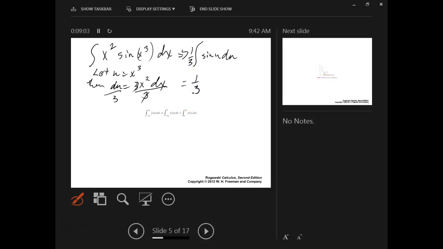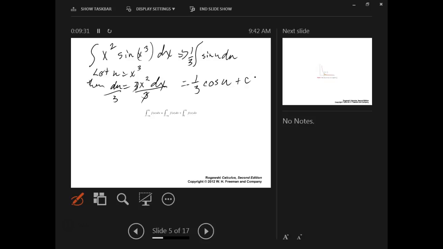What's the antiderivative of sine u du? Yes, it's negative cosine. So it's minus 1/3 cosine u plus c.